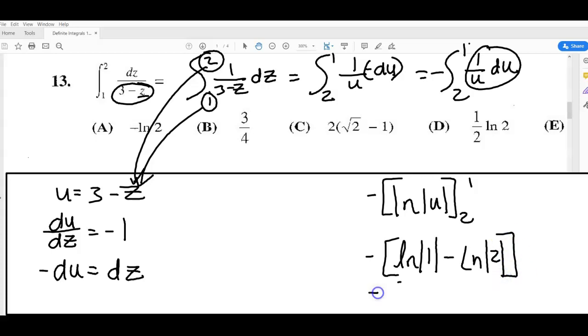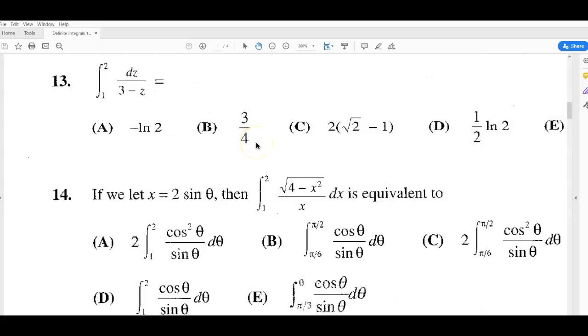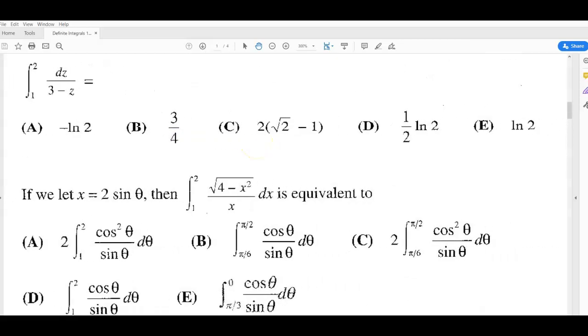Ln of 1 is 0, so we can just ignore that, and then distribute that negative, and you're going to end up with a positive ln of 2 as our final answer there, which I'm hoping is option E, because I don't see that there. Let's see. There it is, option E.